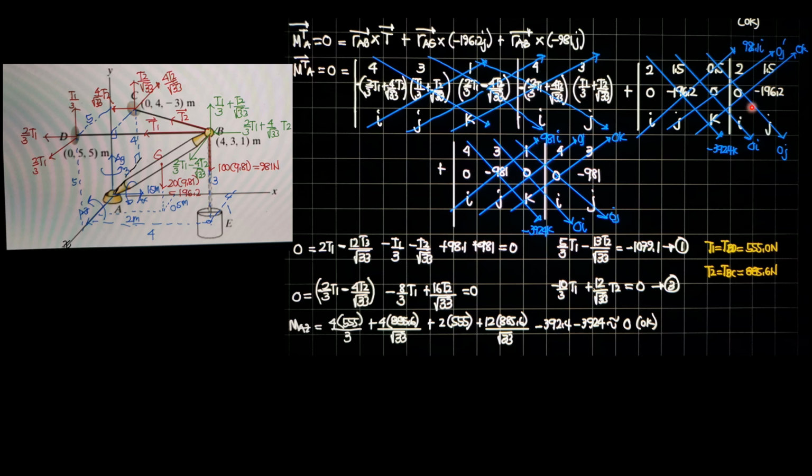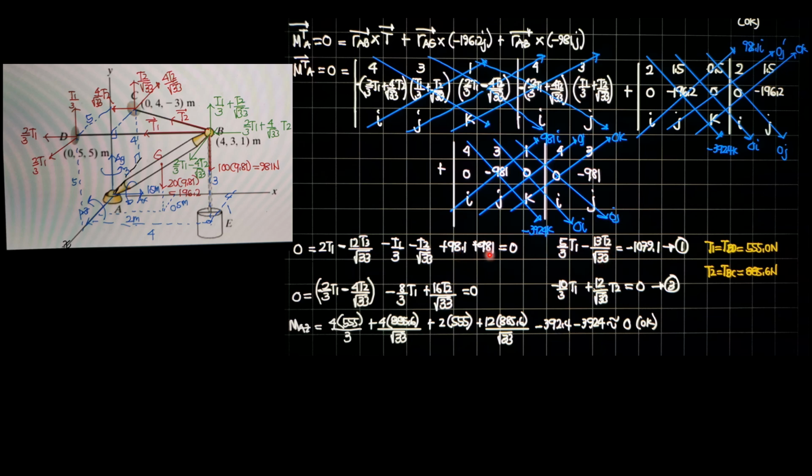So combining, we have 98.1 i and 981 i. So everything has i here, equate to 0, combine like terms, so we have 2 T1 minus T1 over 3, that's 5 over 3 T1, and negative 12 T2 over square root of 33 minus T2 over square root of 33, that's negative 13 T2 over square root of 33.